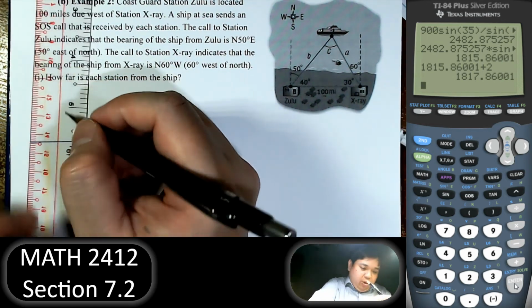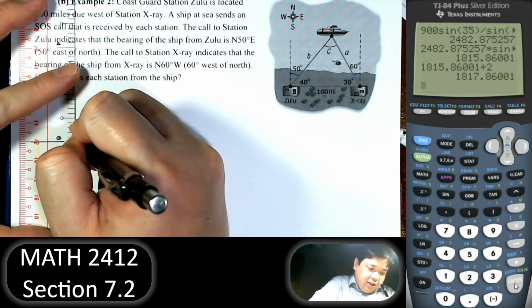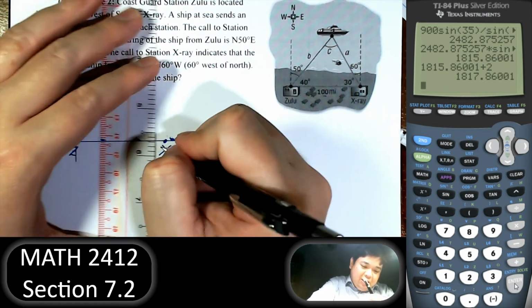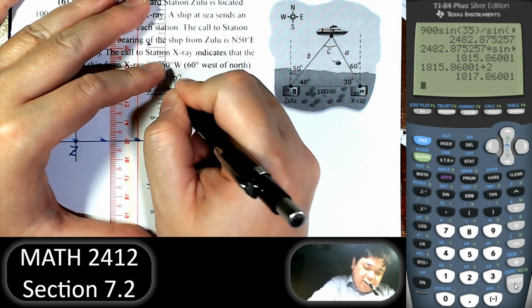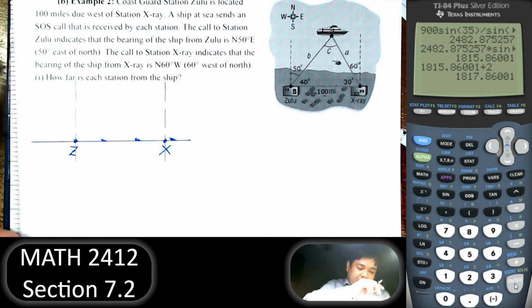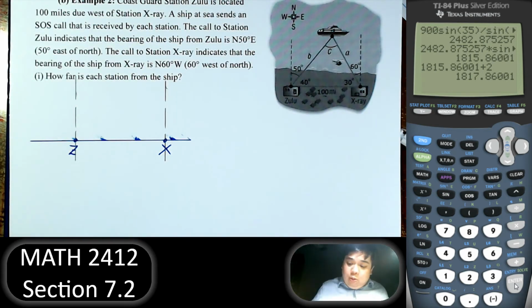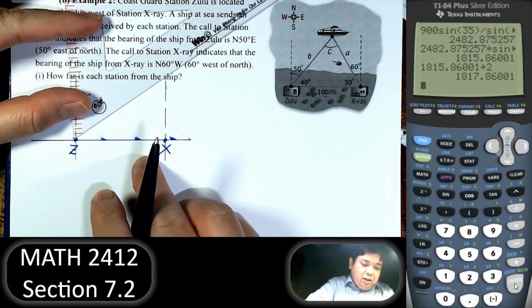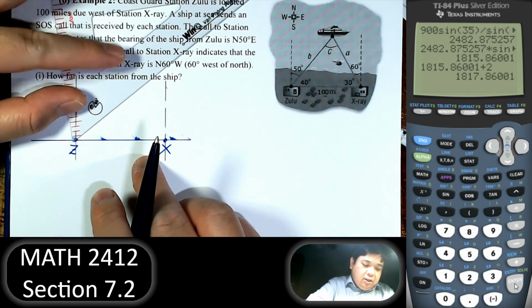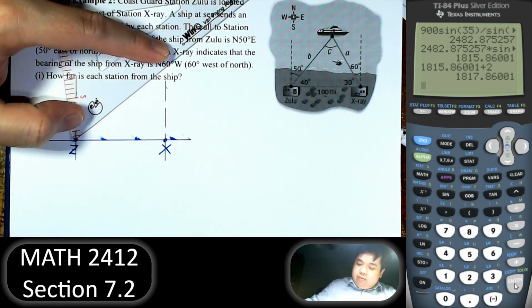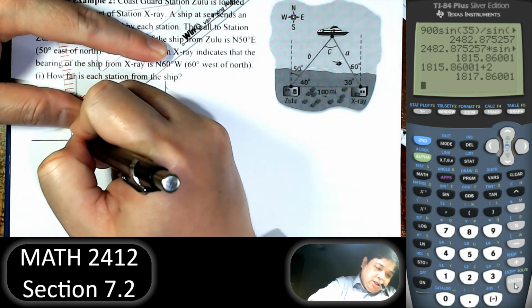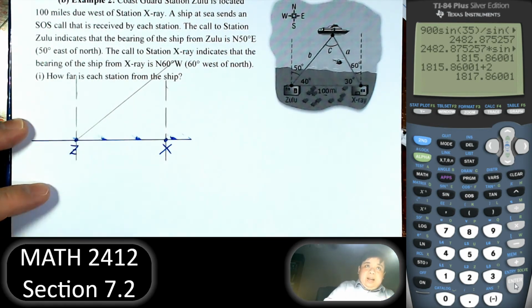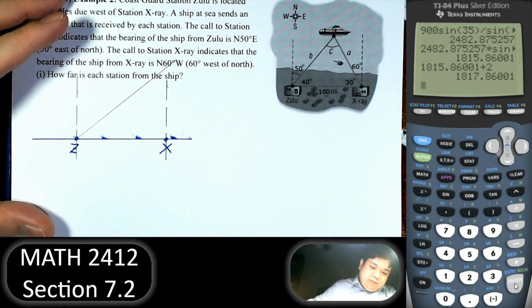Right, draw the north-south line. The first one, from the Zulu station, it is 50 degrees east of north. So this is the bearing, 50 degrees east of north.